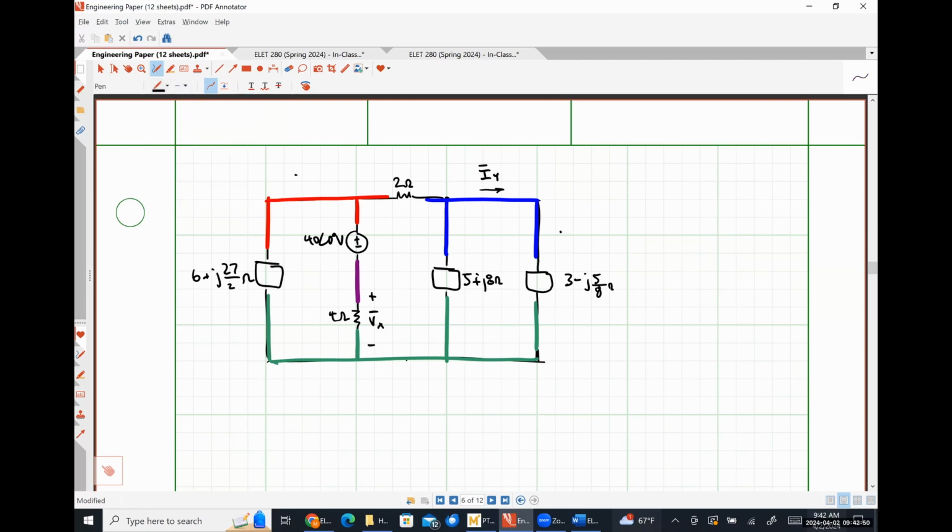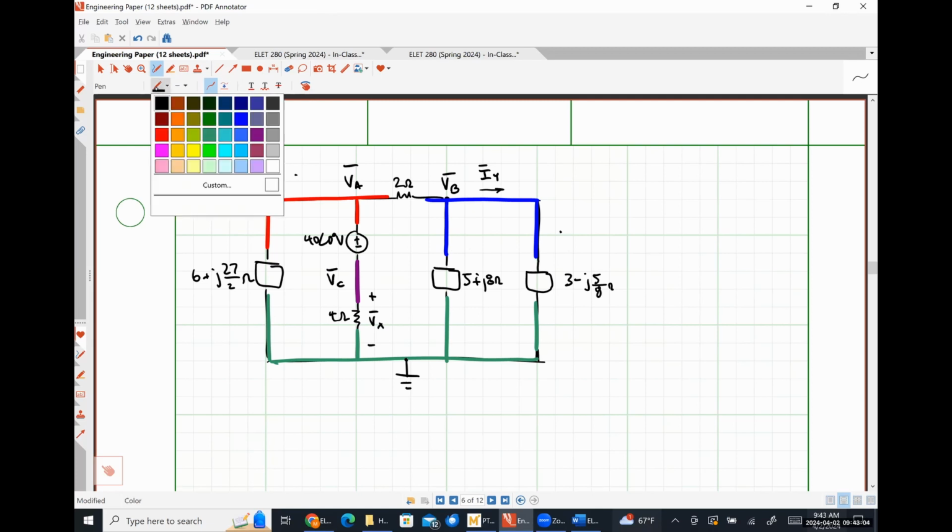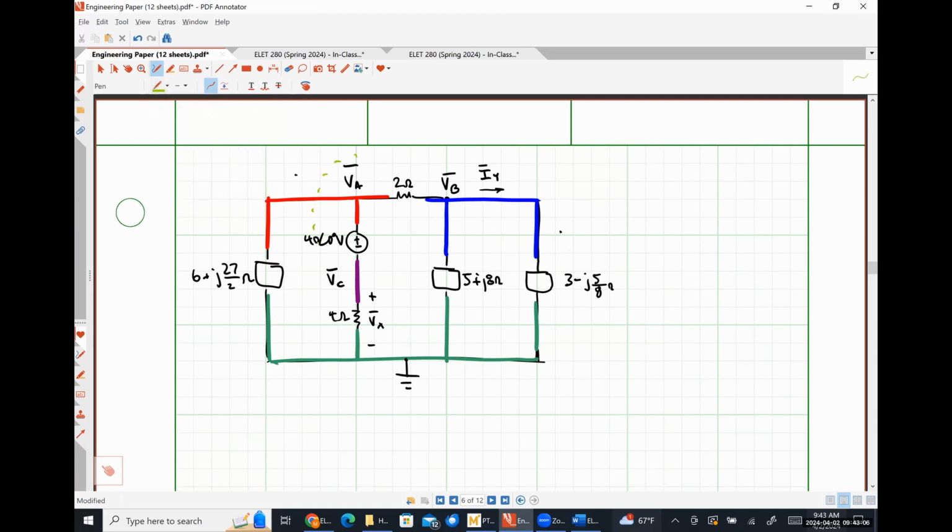I am choosing my ground to be the bottommost node. This is going to be node A, B, and C.